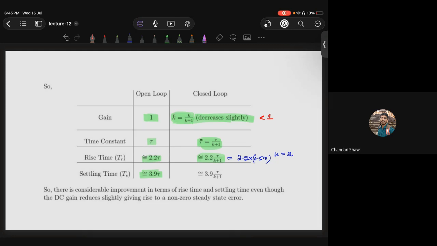So the rise time, the time constant got reduced by half. Okay. Settling time also reduced. Clear? So there is a considerable improvement in terms of rise time and settling time. Okay. So that is the first thing.